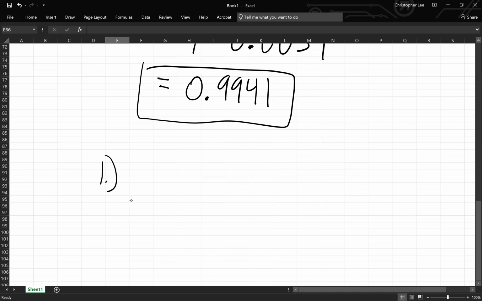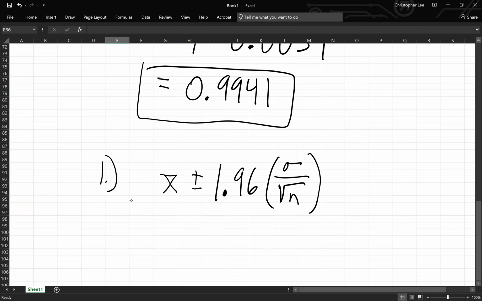So question 1 says X bar plus or minus 1.96 times sigma over the square root of n. What they want from this question is to know what the confidence level is. So what confidence level corresponds to 1.96?